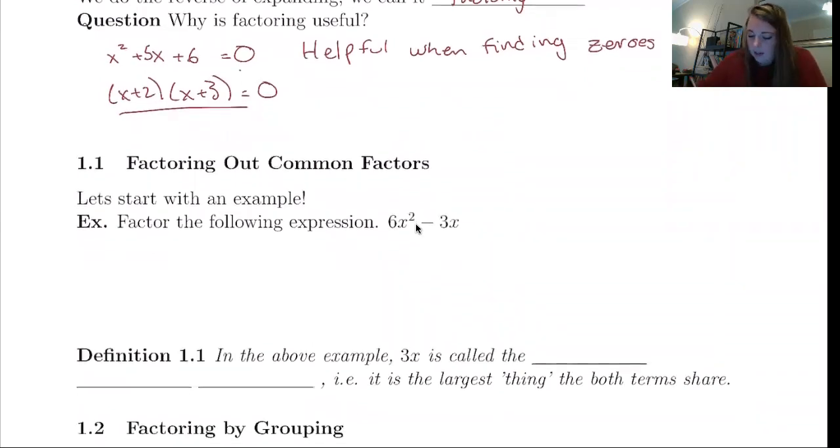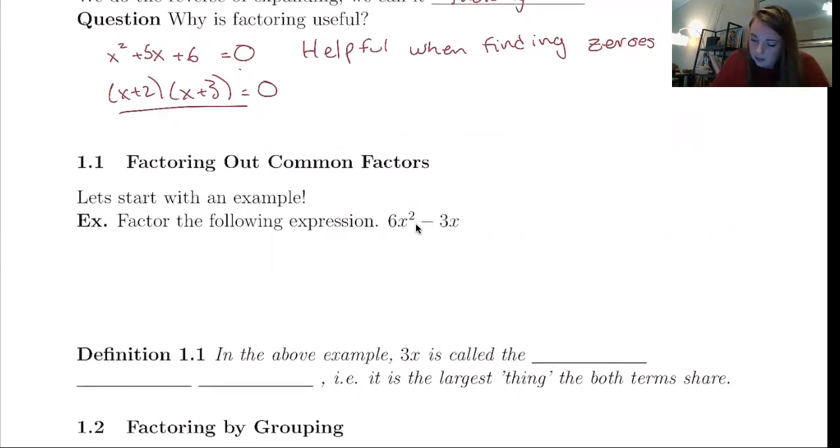So I want to factor 6x squared minus 3x. So if I want to factor out a common factor, I want to look at what each term, so separated by addition and subtraction, have in common. So I have 6x squared and 3x. So each one of them has 1x.